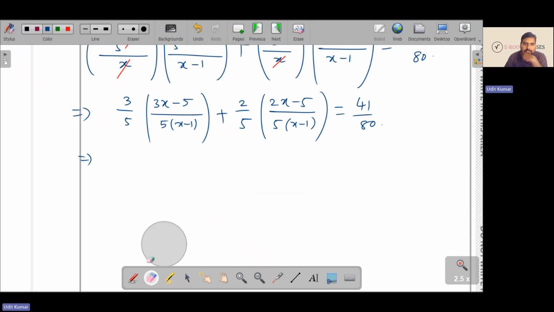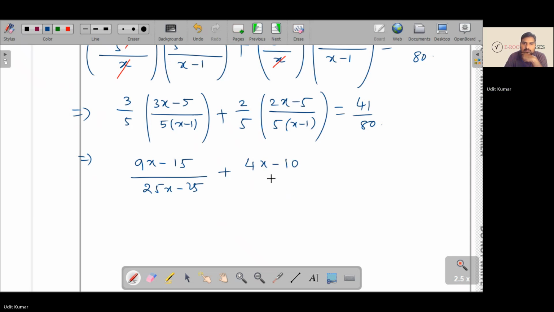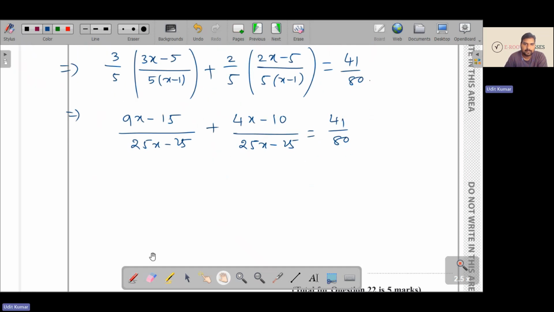Or you can individually solve it. You will get (9x minus 15) divided by (25x minus 25), plus (4x minus 10) divided by (25x minus 25), and that equals 41 by 80.